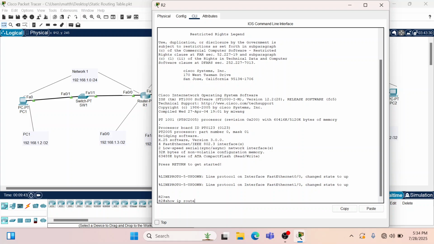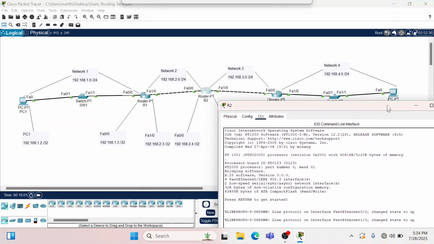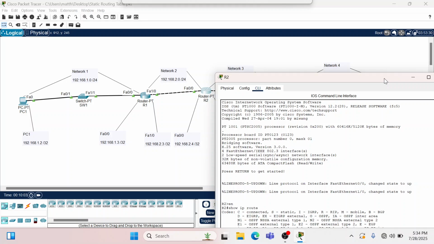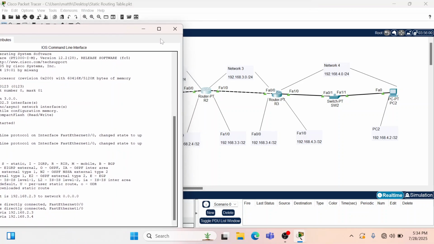If we look at the IP route for router 2 right now, other than the gateway address, it only has two physically connected interfaces. That's the one we just talked about, FA0/0 at 192.168.2.4, and FA1/0 at 192.168.3.3.